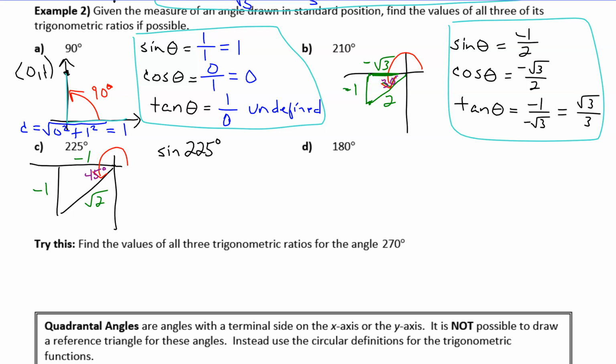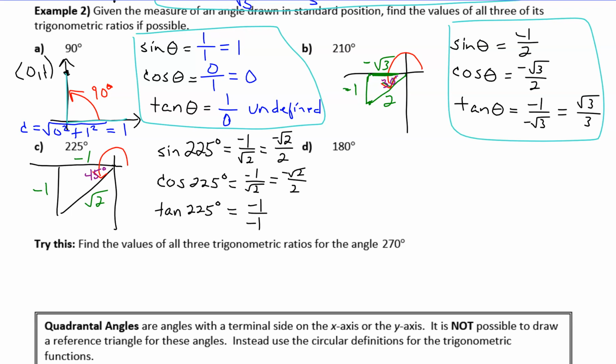Sine of 225 degrees is opposite over hypotenuse, which simplifies to negative square root of 2 over 2. Cosine of 225 degrees is adjacent over hypotenuse, which simplifies to negative square root of 2 over 2. Tangent of 225 degrees is opposite over adjacent, which simplifies to 1.